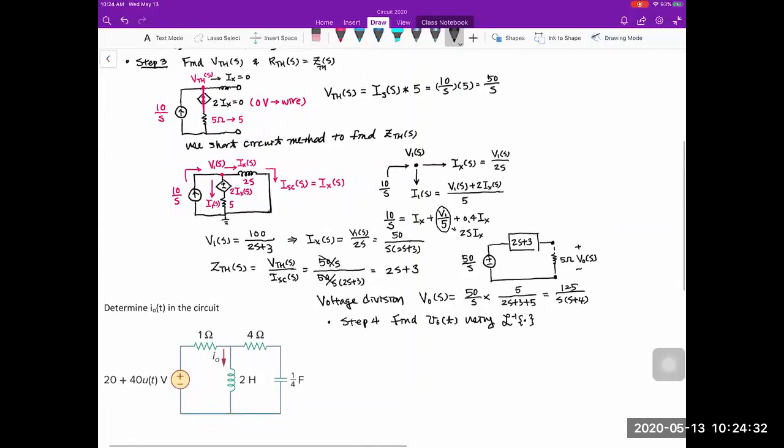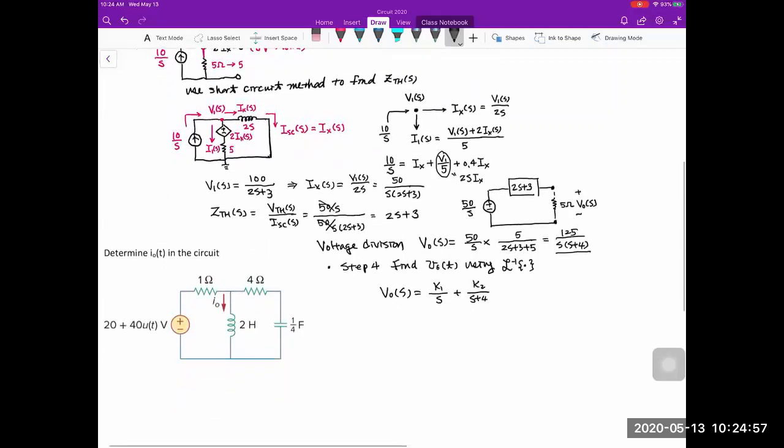Okay, so you got a very simple equation. Our V sub 0 is this equation over here. We can represent V naught S in terms of a simple form where you have S with K1 plus S plus 4 with K2. And we just need to find what is the K1 and what is the K2.